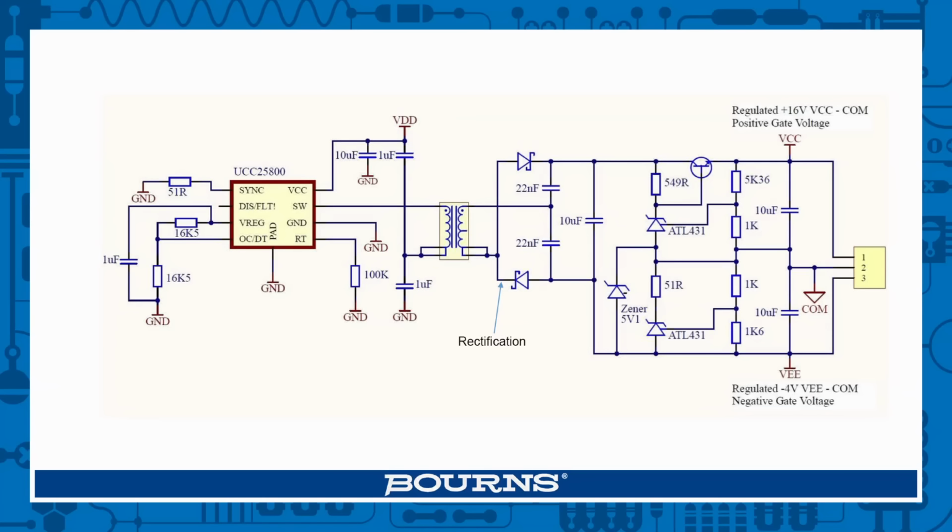Then, just using some voltage doublers on the secondary side, you're able to create the voltages you require for the gate driver chip. The gate driver chip will need 15 volts and minus 5 volts on the isolated side, and that's where the power supply would generate it. It's a very simple, compact circuit.